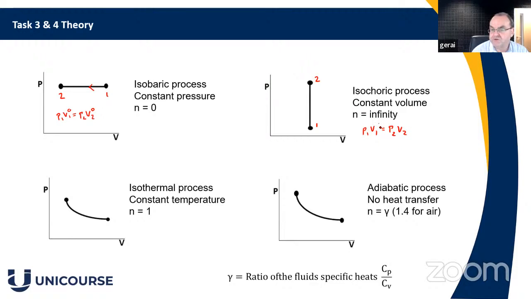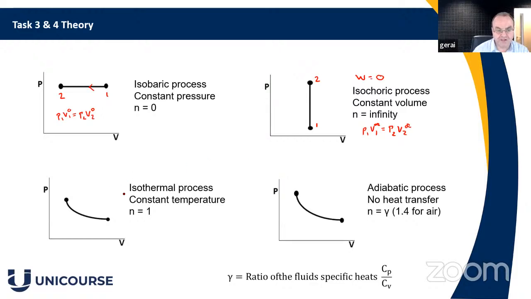Let's see if we can draw an infinity symbol. That's infinity. So if you look at the work done, there is no work done because there's no change in volume. It's always useful to look at these graphs. The area underneath the graph represents the work done. In fact, it is the work done. So no area under the graph means no work done. So work done is equal to 0 in that case for an isochoric process.